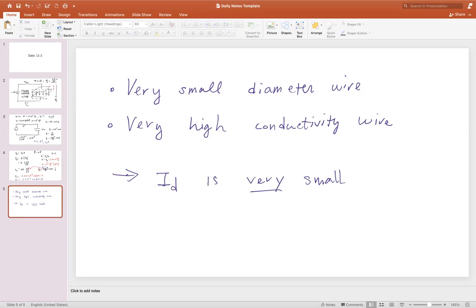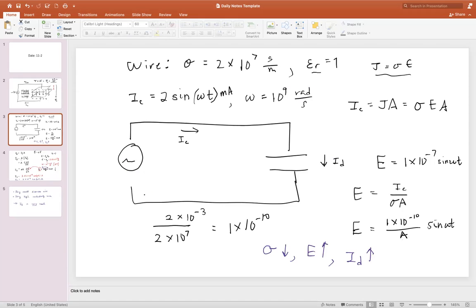So usually we can just ignore this displacement current, even when the time varying field exists. So this is why when you go into the lab and you build a circuit and you use a sinusoidal voltage source, you're almost always going to just ignore the displacement current.